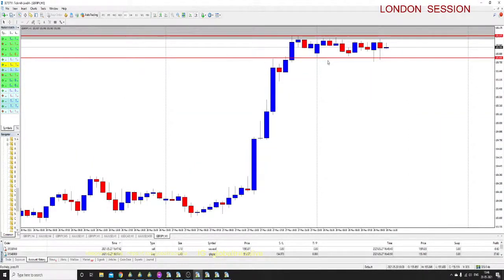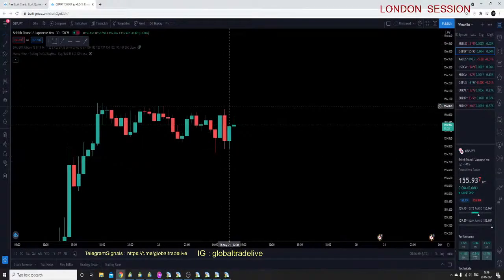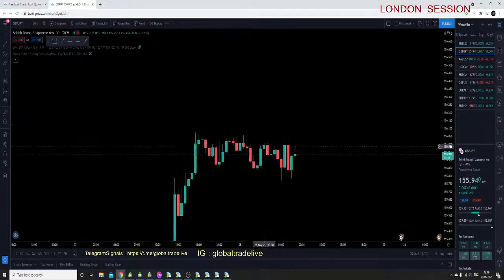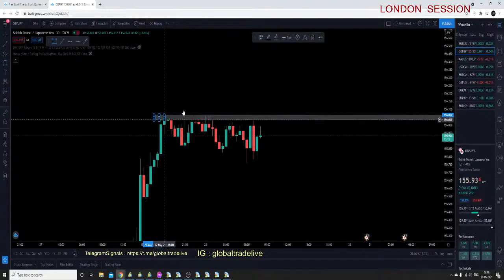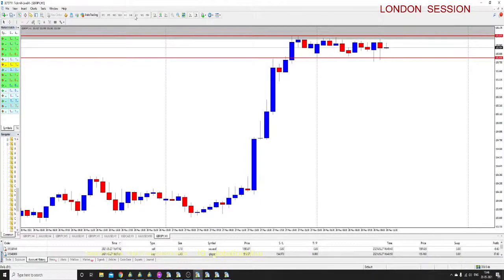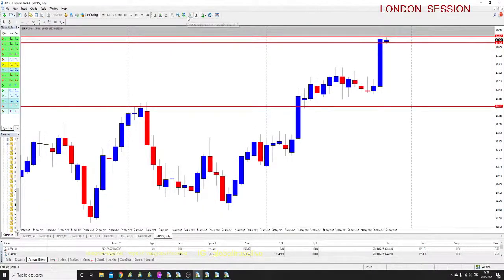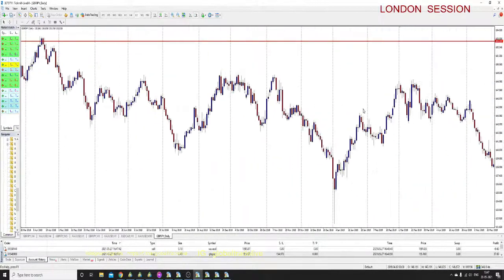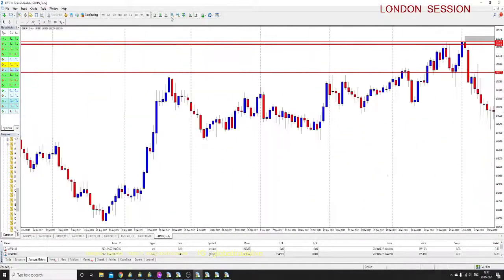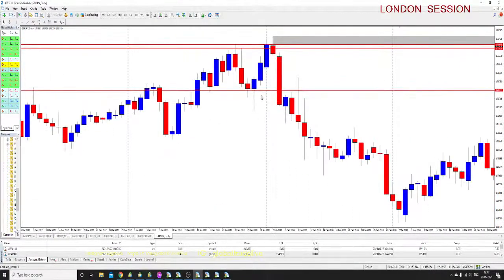Okay, so what I'm planning now is to wait for a break and close above this level to execute buys, because on the daily time frame, if we look at the left, currently we are right now here, right?